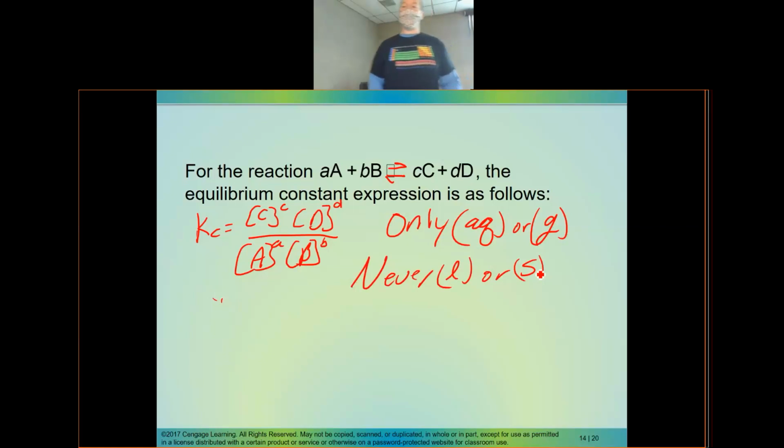If it is a liquid or a solid, you just ignore it. It goes in as a 1, so you don't put in a 1. You don't do anything if it is a liquid or a solid. Sort of like when you do your rate law, you cannot have reaction intermediates. When you do your equilibrium expression, it cannot contain a liquid or a solid. You don't have to do any math to get rid of it. You just don't put it in there.